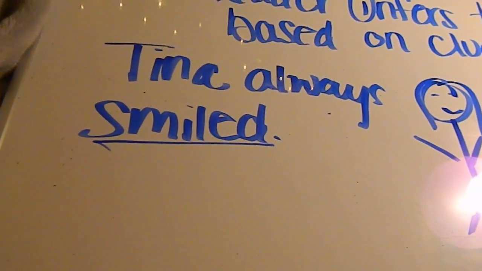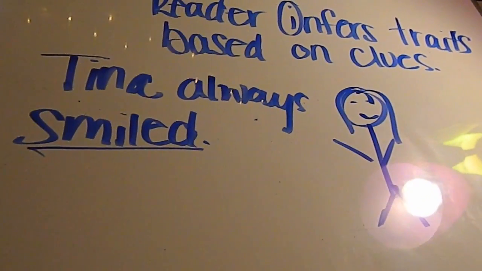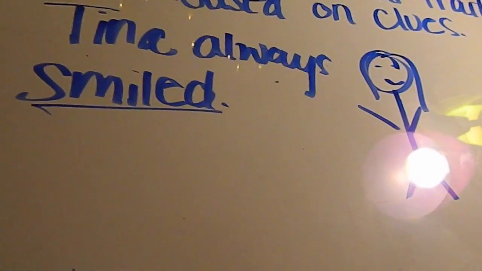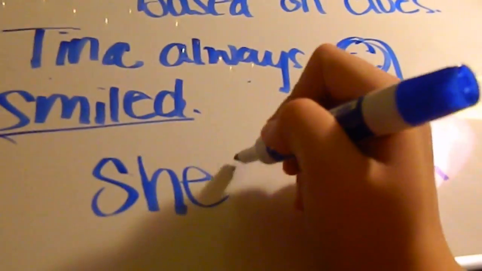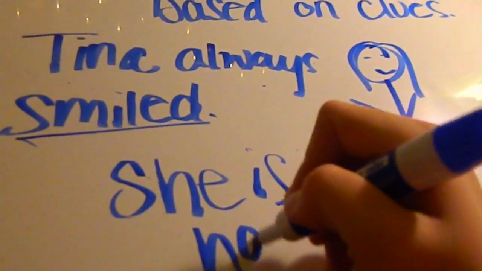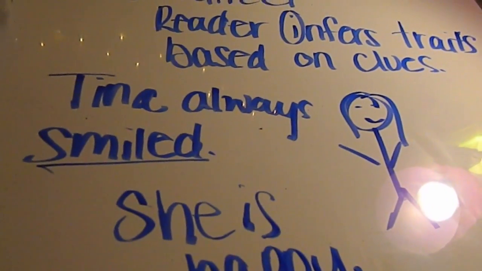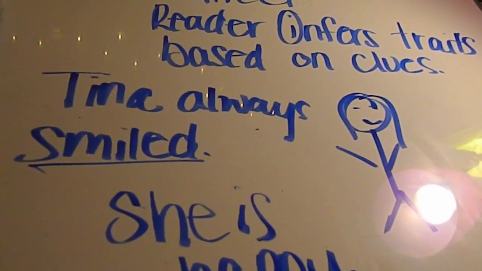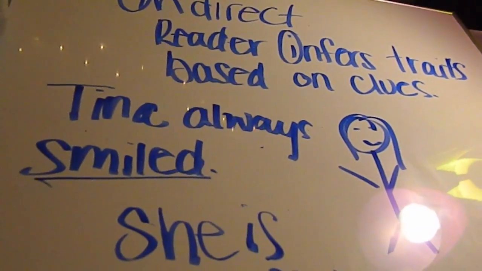I don't know about you, but I don't smile when I'm angry or sad. So that's why we assume she is happy. Feel free to pause the video at any time and go back if you need a refresh and to write on your notes.